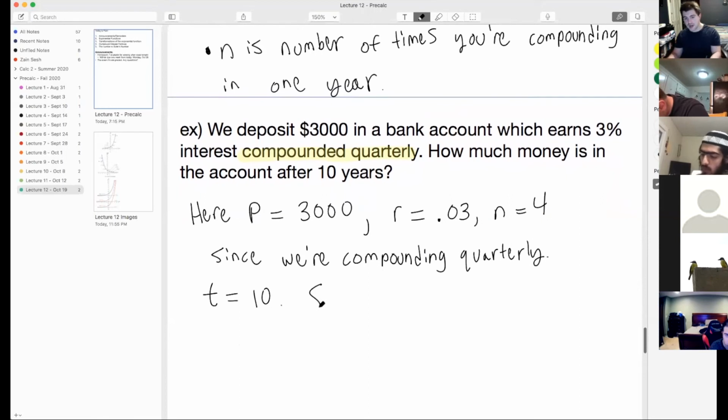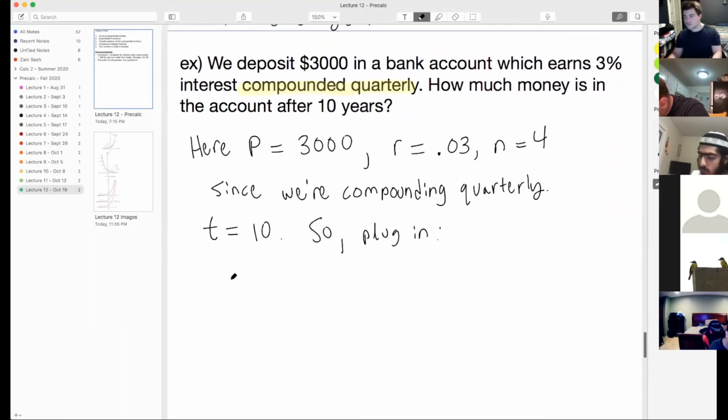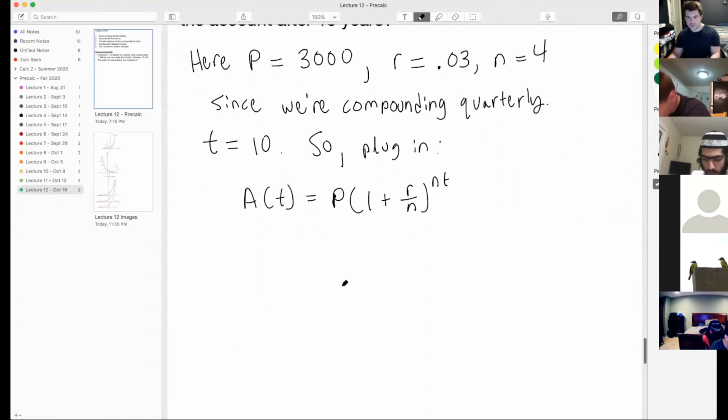Finally, we can plug in to the formula. I'm just going to write the formula in general. A of T is equal to big P multiplied by 1 plus R over N, to the N-th power. Now let me substitute all of our values in for these letters.